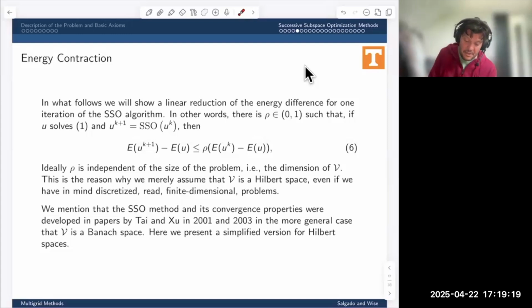Now, the thing I want to show is that this rho here is not going to deteriorate as the nonlinear condition number, L over mu, deteriorates to infinity. So that's going to be the main technique. I'm going to try to show that I get an energy contraction like this, where rho is some number strictly between 0 and 1, but does not depend poorly on the nonlinear condition number.